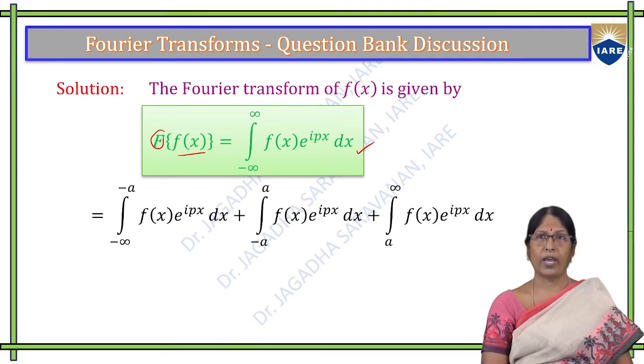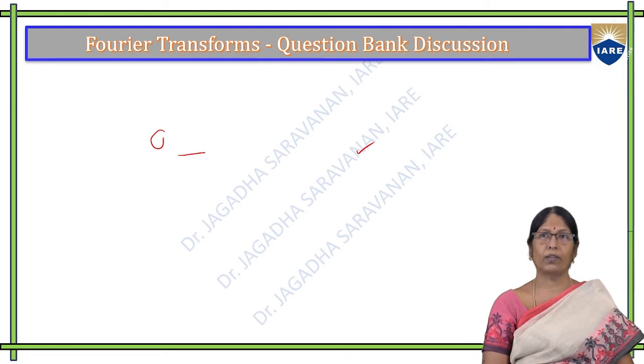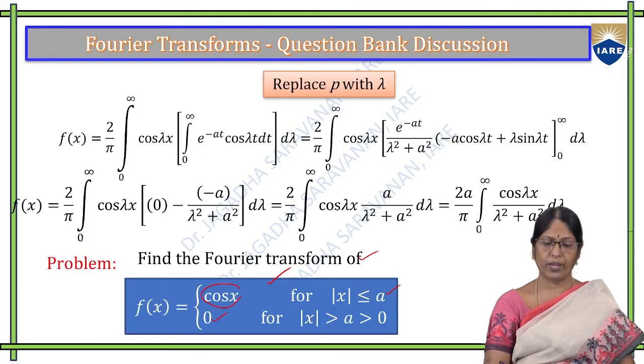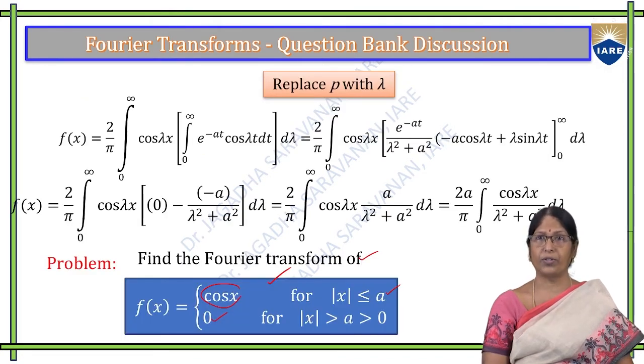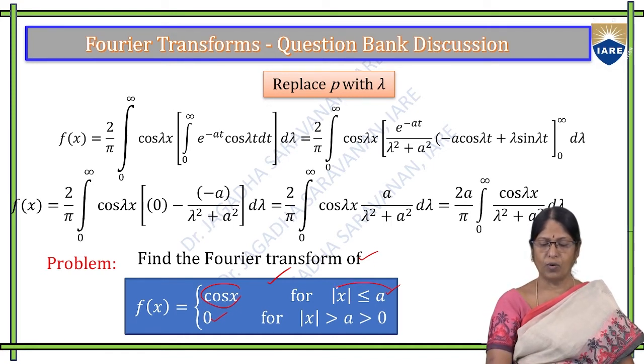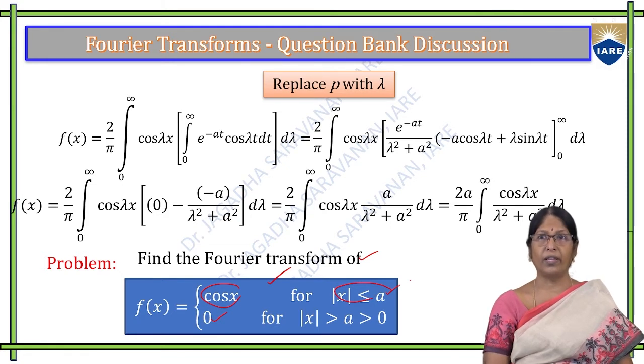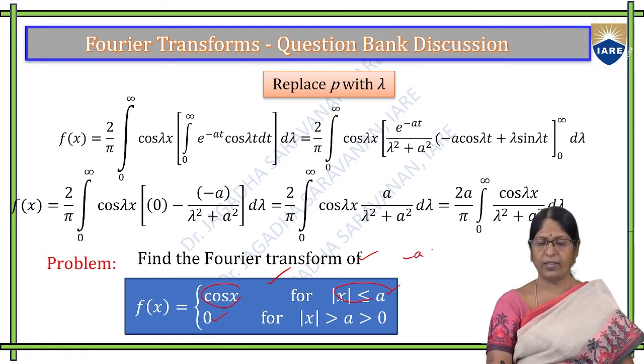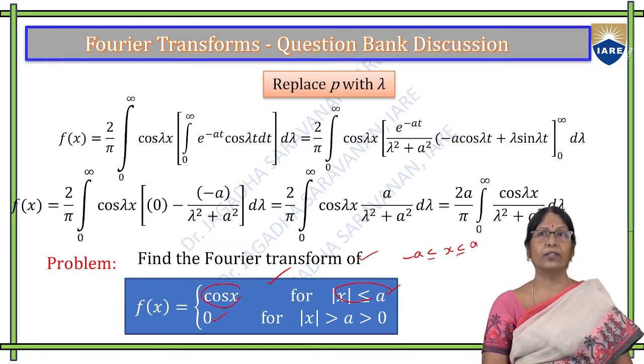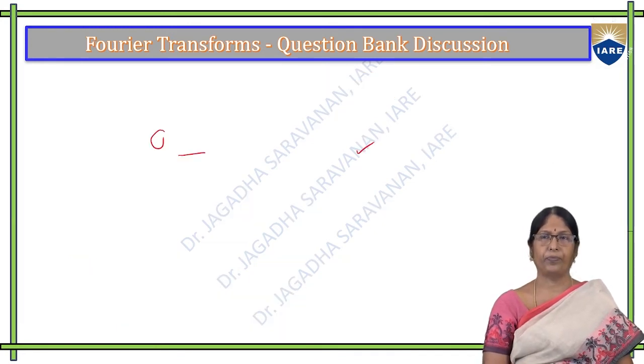That is mod x, less than or equal to a. But strictly, our Fourier transform formula is from minus infinity to infinity, so this a should be inserted. Again we are recalling the formulas: x lies between minus a and a.